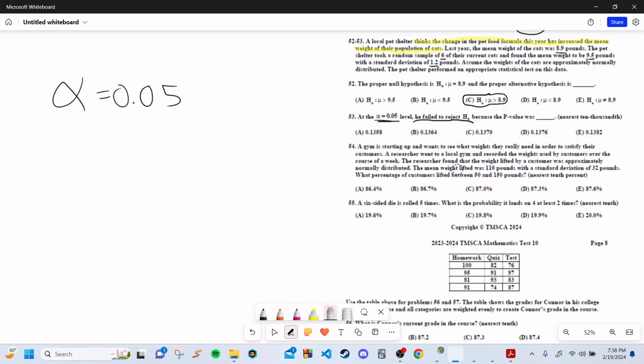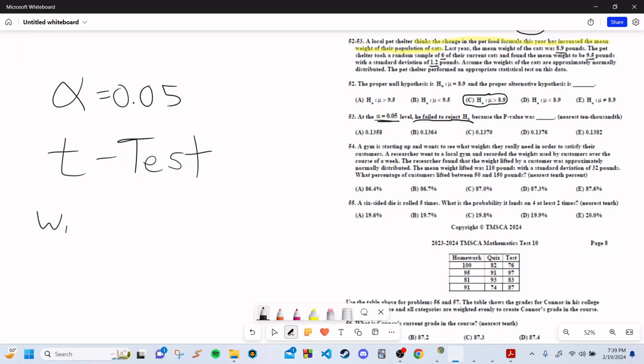Okay, but how do we calculate the p-value? So the statistics test we're going to run is called a t-test. And so when do you use a t-test?